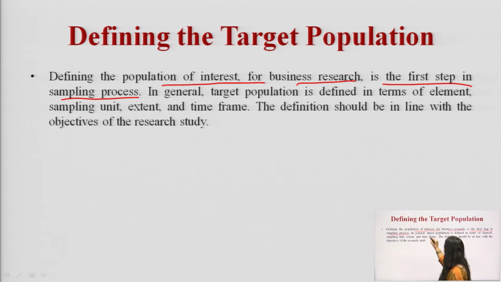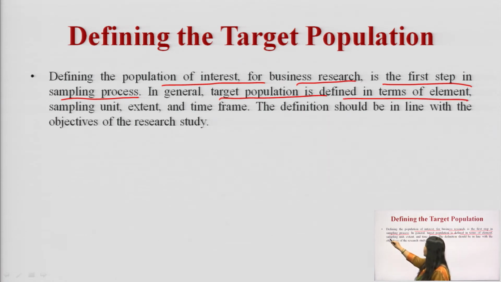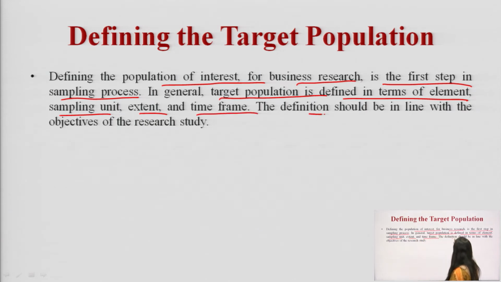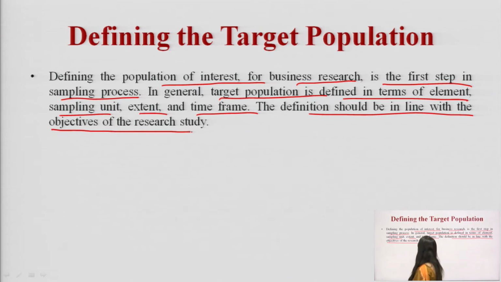In general, your target population is defined in terms of the element, your sampling unit, extent and time frame, and the definition should be in line with the objective of your research. The sampling unit, the time frame, and the elements of your population or sample should be according to the objective of your research.